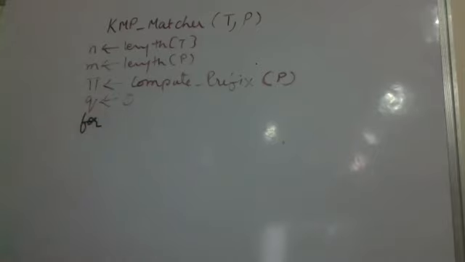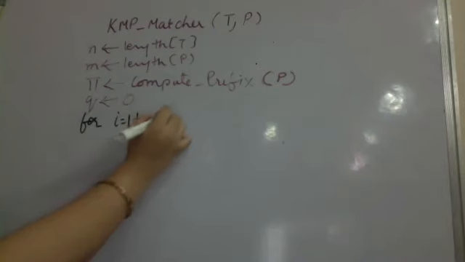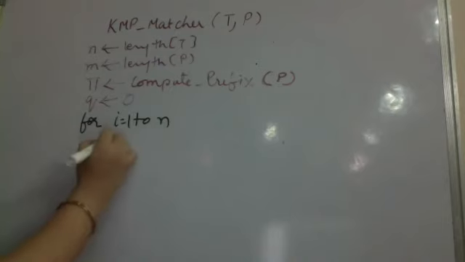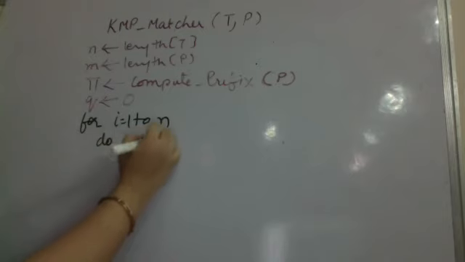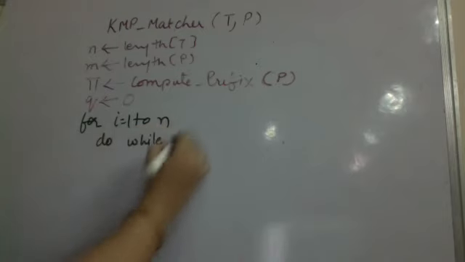In this for loop, I have to see the entire text now. To match the entire text, I is equal to 1 to n. I will be matching with I running from 1 to n. What I have to do again, I have a sub loop, a while, to check the prefixes.